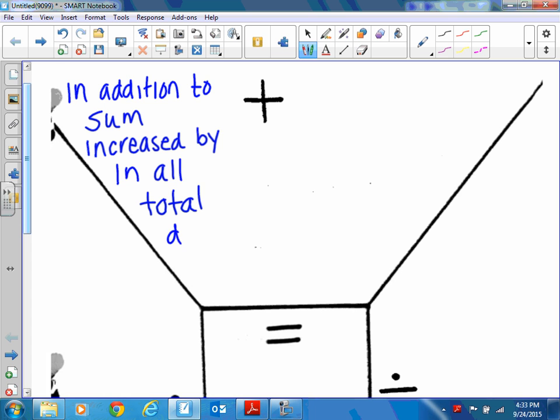Deposits, like if you're depositing in the bank. Faster than. Added to. Combined.